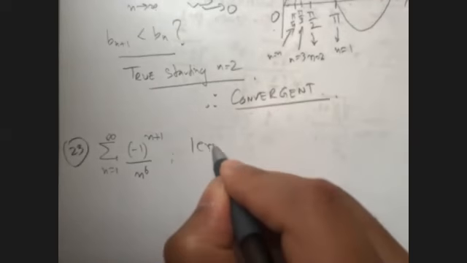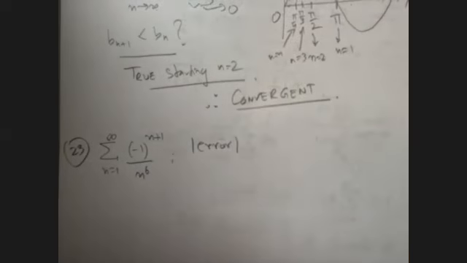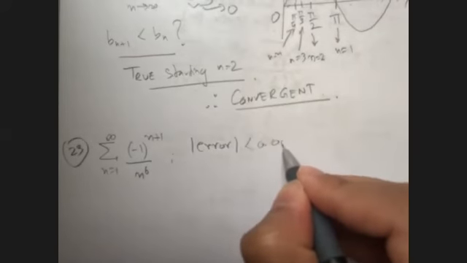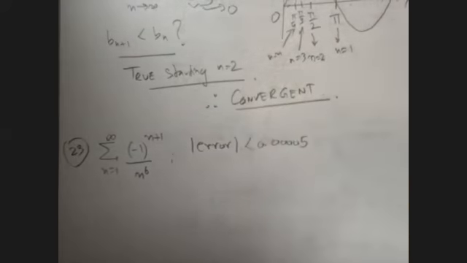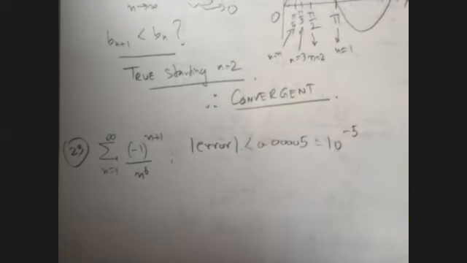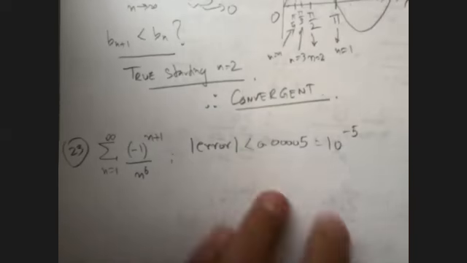So we have to show that the error is bounded by 0.5 times 10 to the negative 5.